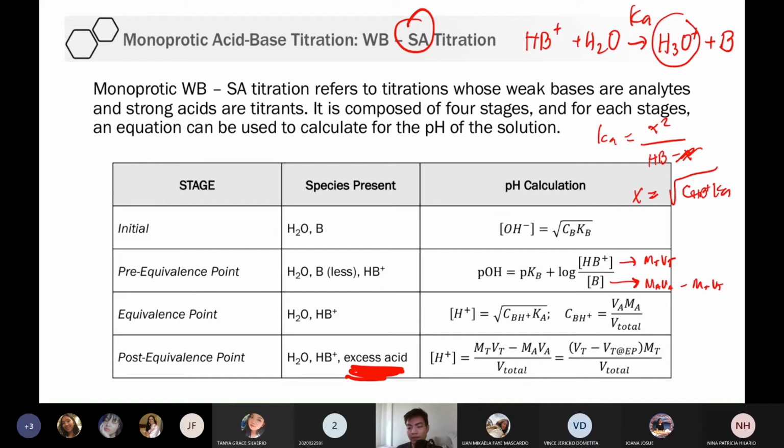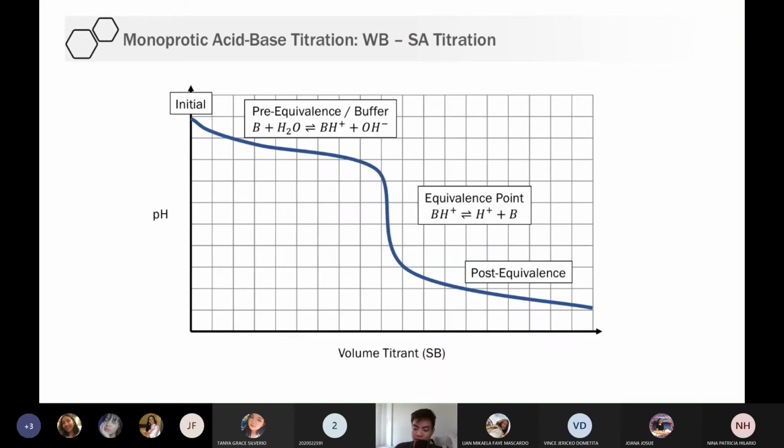Okay. So if I will ask you, what is the pH at equivalence point? Okay. What is the pH at equivalence point? Is it greater than 7, equal to 7, less than 7? Sige. Try ulit tayo. What's the pH? Less than 7. Ayan. Gets na kung bakit.